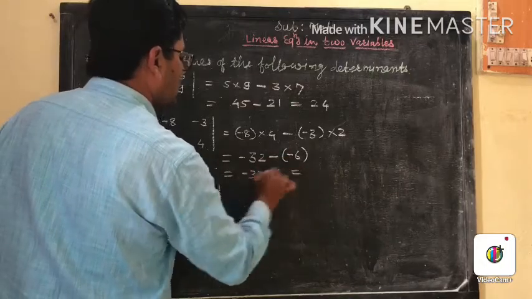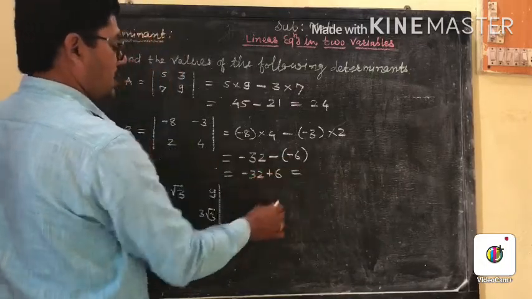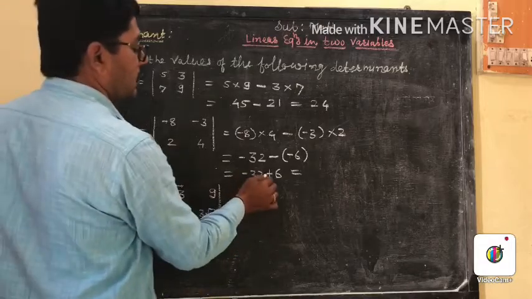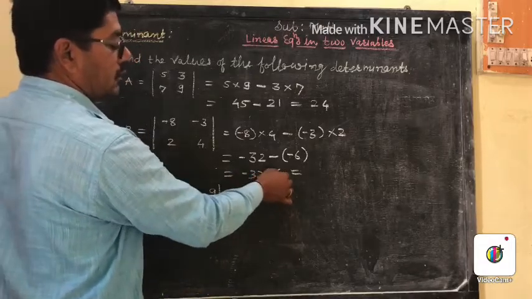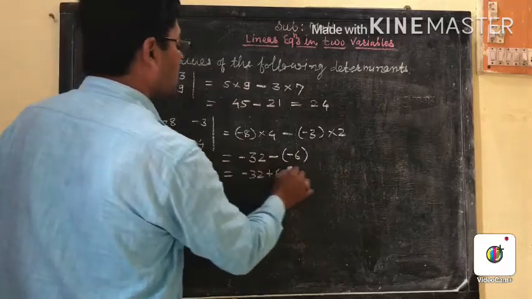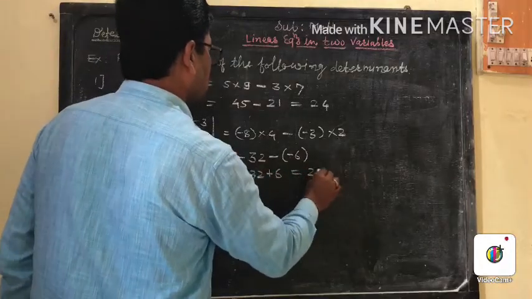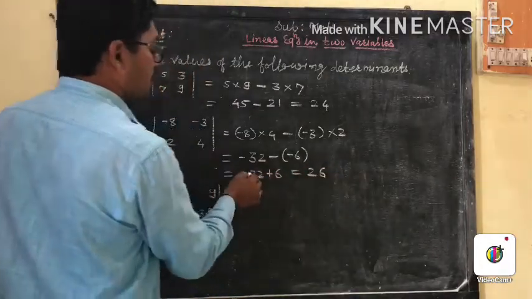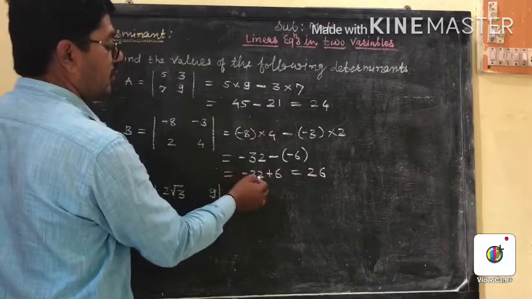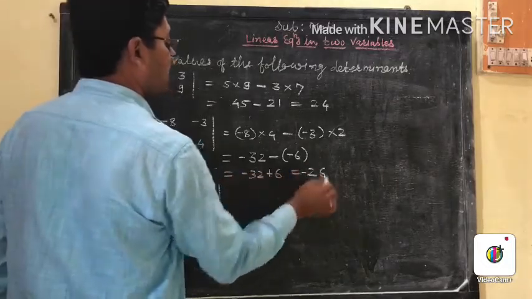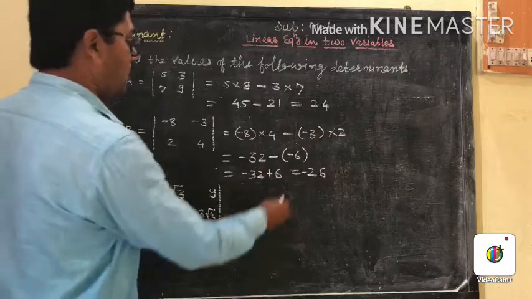Minus 32 plus 6 is minus 26, taking the sign of the greater number, so minus 26 is the value of this determinant.